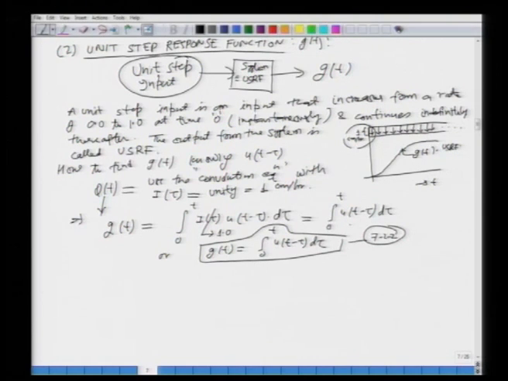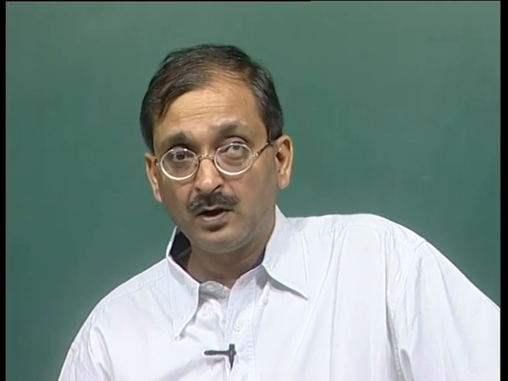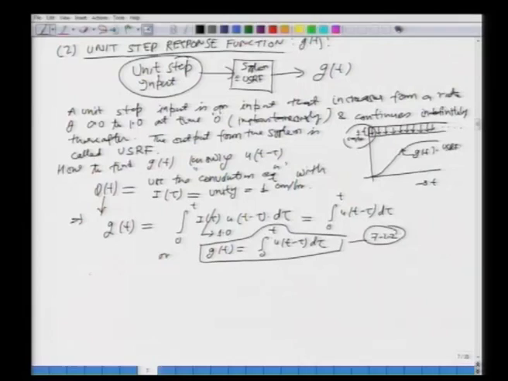Now, what I am going to do is some slight mathematical manipulation, because you have both t and tau of the time domain appearing here in the integral. So, we will get rid of these two and convert this equation into a single time domain, so that we can integrate it properly.